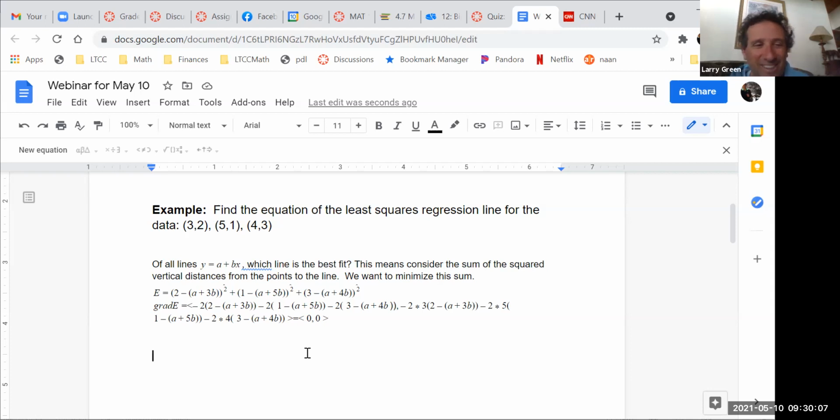Yeah, you would never do it by hand or by typing. You just get them, put them in a spreadsheet and use a computer, but it's important to know what the computer's doing. And what the computer's doing is it is finding the minimal sum of squares of differences for that A plus BX. Okay, and this is a least squares regression line.